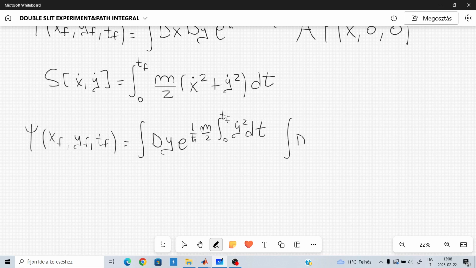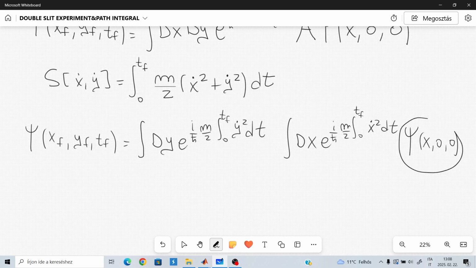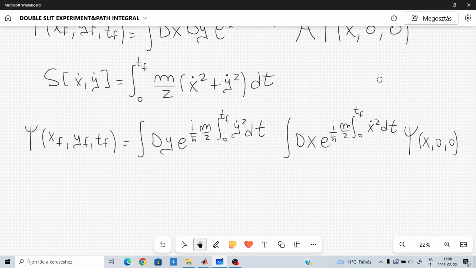And then we also have a path integral over x, e to the i over h bar, m over 2, integral from 0 to tf x dot squared dt. And the path integral over x will also integrate the function psi of x0, 0, because this function depends on x. So it will appear inside this path integral. I will show you that.